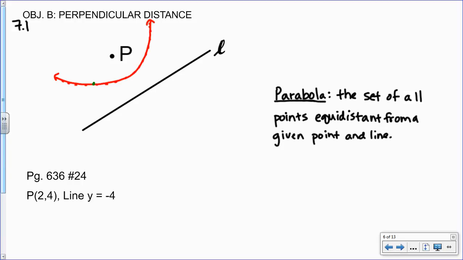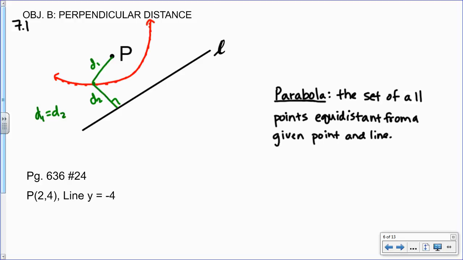So, for example, if I pick this point, then this distance and this distance are the same. So, like, this is D1, this is D2, D1 and D2 are equal.